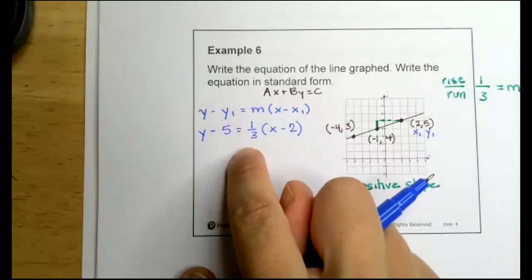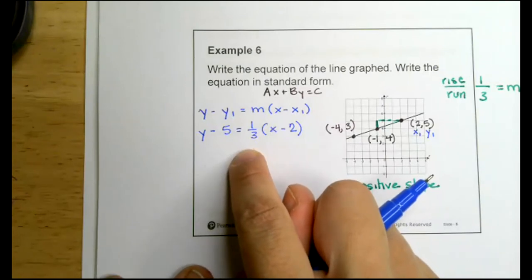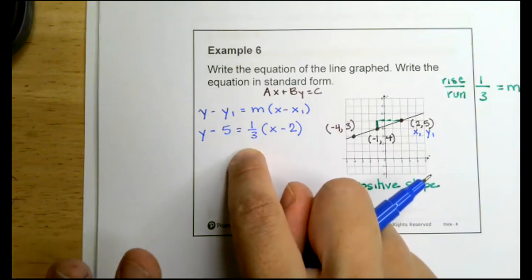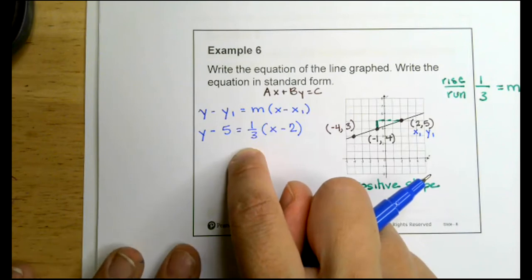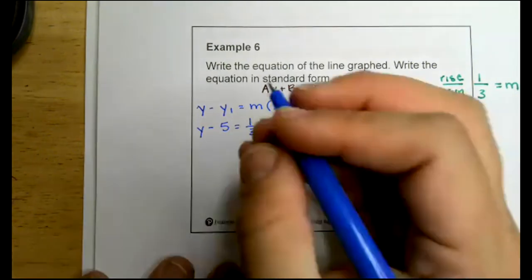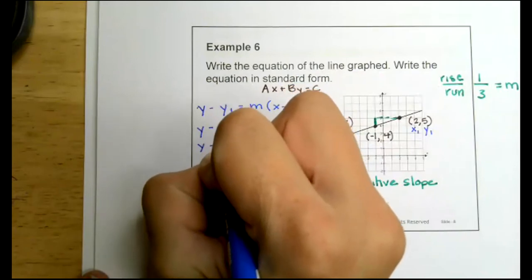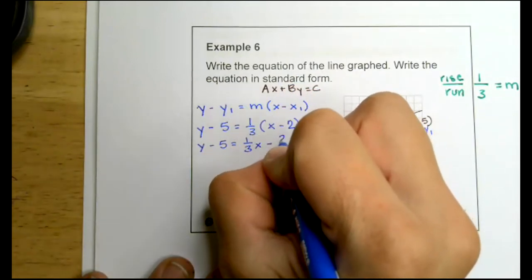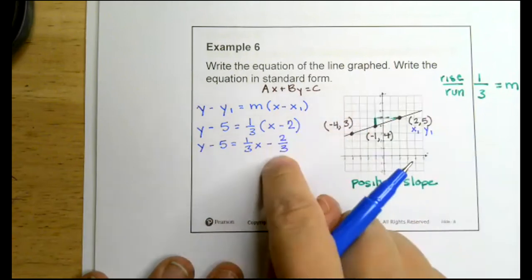I'm going to distribute. I could distribute the 1/3, or I could just multiply everything by 3 right now to get rid of it. All right, anyway, y minus 5 equals 1/3 x minus 2/3.